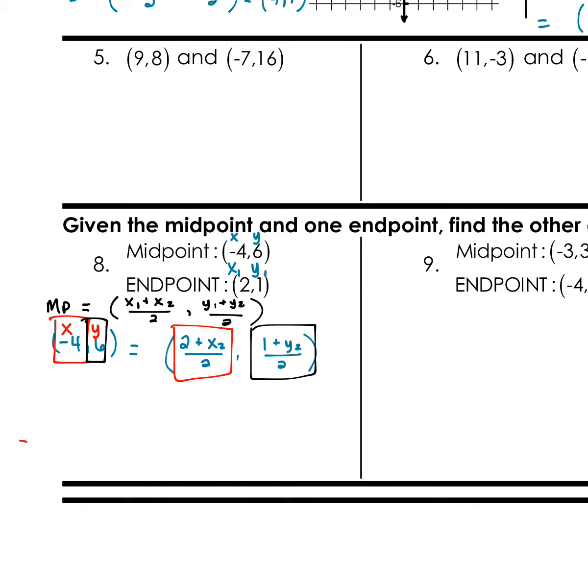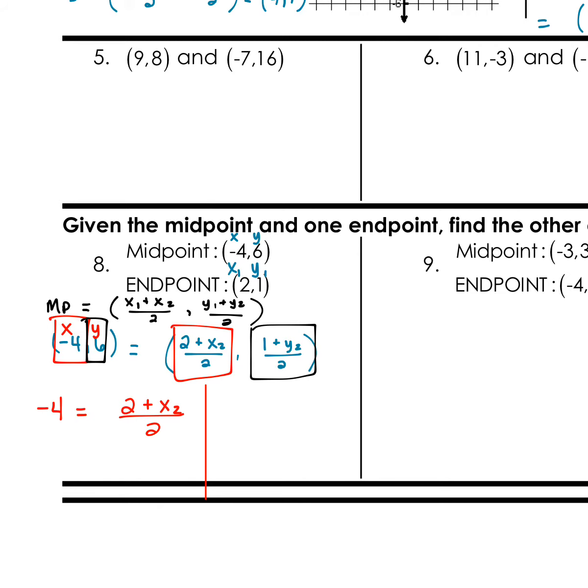So we know in the x version, -4 equals 2 plus x2 over 2. So I took out of our midpoint everything that represented x and I plucked it out of the original problem and I put it on the left.